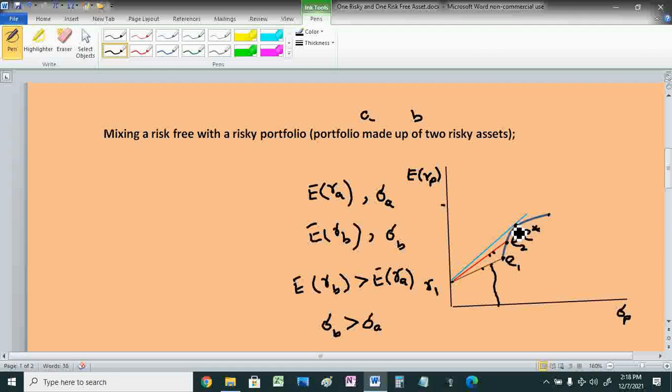Note this particular characteristic of this blue ray, and it is that this ray is a tangent at this point to this portfolio possibility frontier that we have made using these two risky securities. This means that I cannot draw another ray with a higher slope that will have any connection with this portfolio possibility frontier of the risky assets.